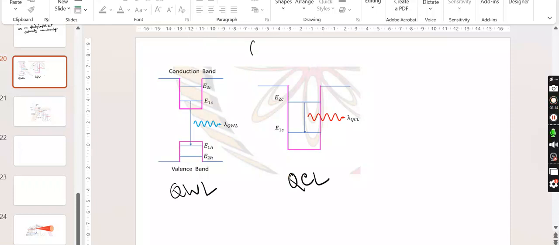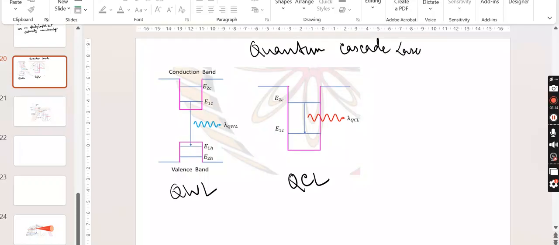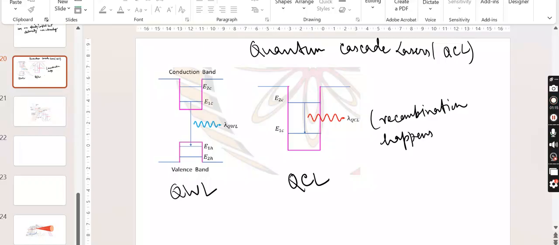This is the quantum cascade laser. So the transition happens between intraband sublevels, and the spacing between these levels depends on the well length.